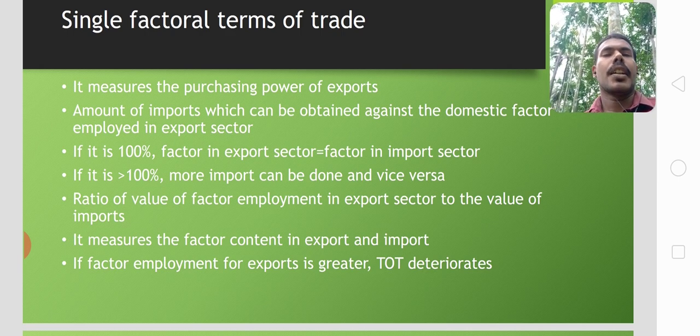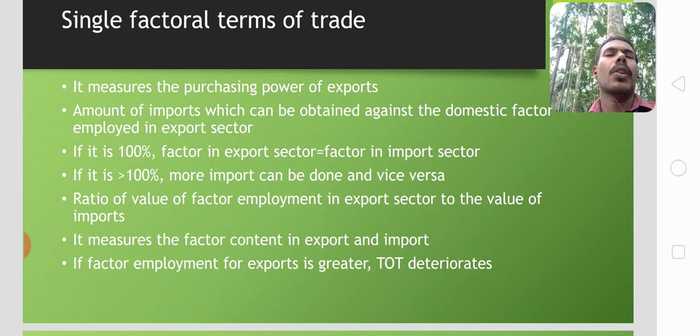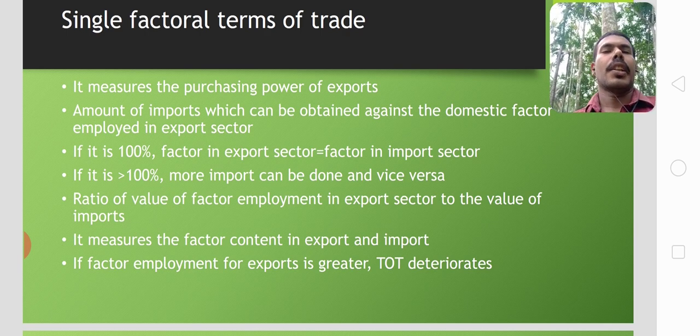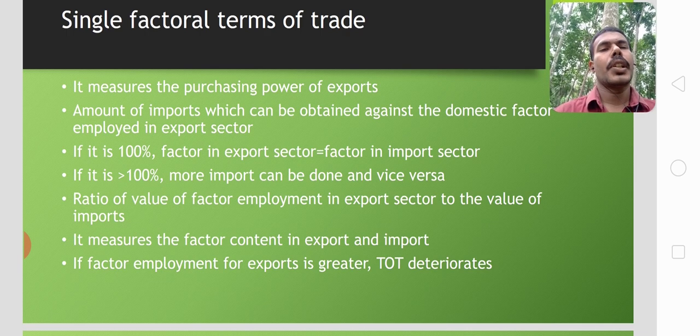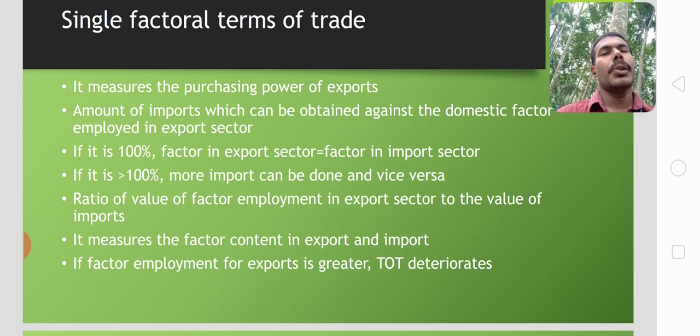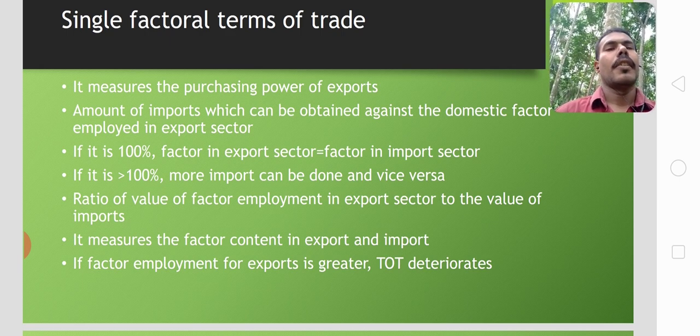And if it is more than 100%, more import can be settled using the factors employed in the export sector. If it is less than 100%, the terms of trade is worse off or deteriorated for the nation. That means only less import can be done with the factors employed in the export sector.